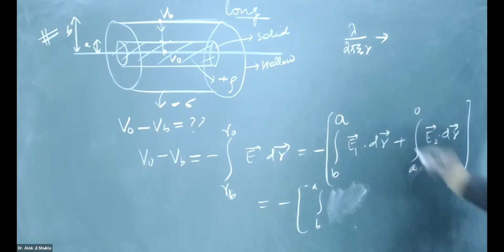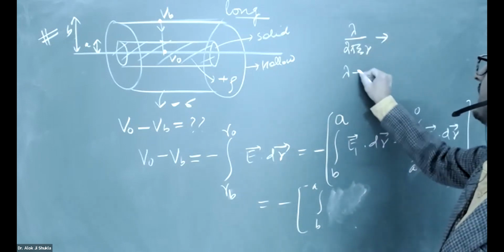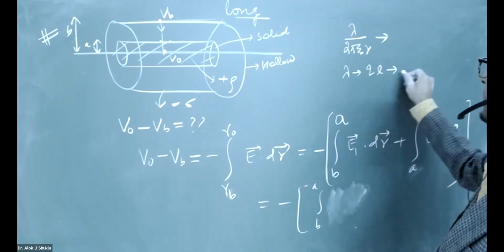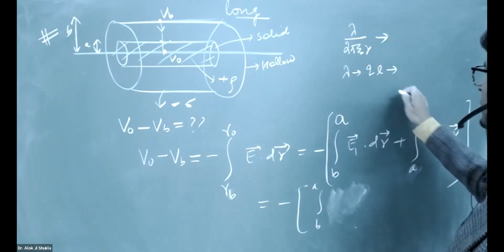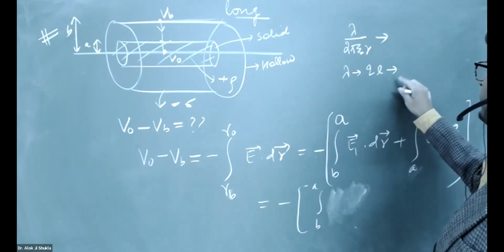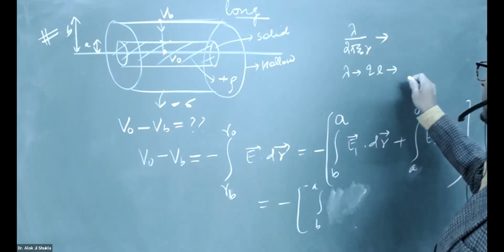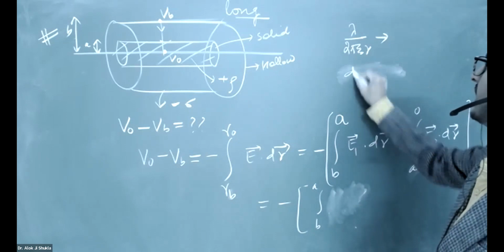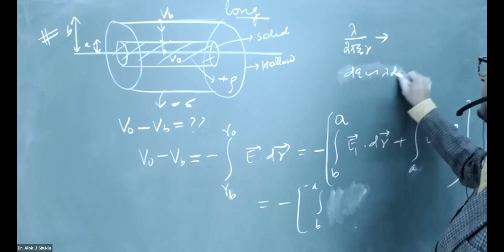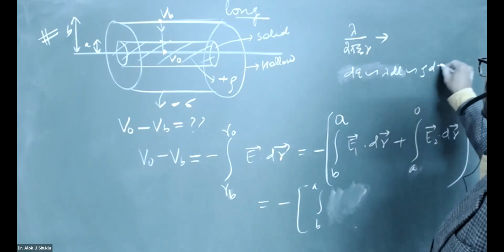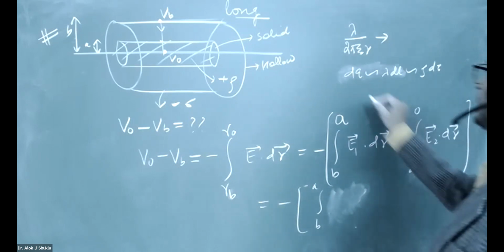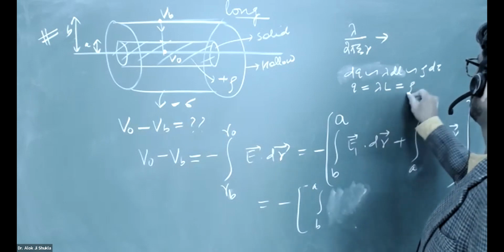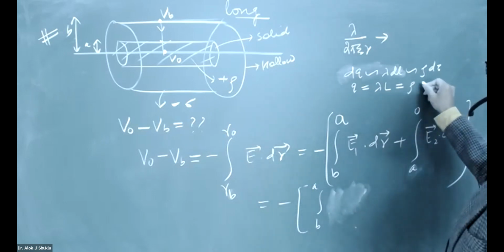So how to convert it into rho? So you can convert lambda. Lambda is charge per length, and that is converted into rho, which is कितना होगा? It is done like this. Suppose you want to write a charge dq, so it is lambda dl, and also it is rho d tau. Correct? दोनों equal है. So q is equal to lambda into L हो जाएगा, is equal to rho into volume, कितना होगा?